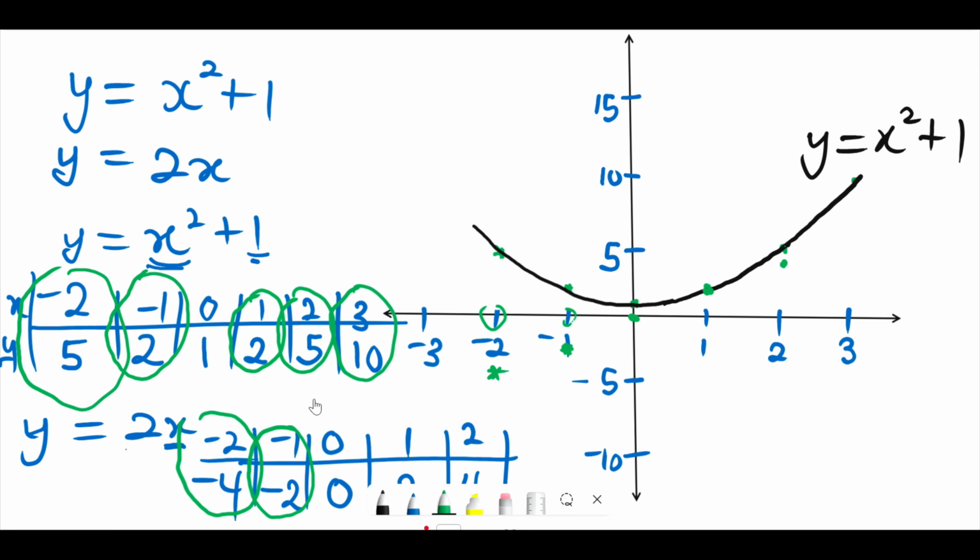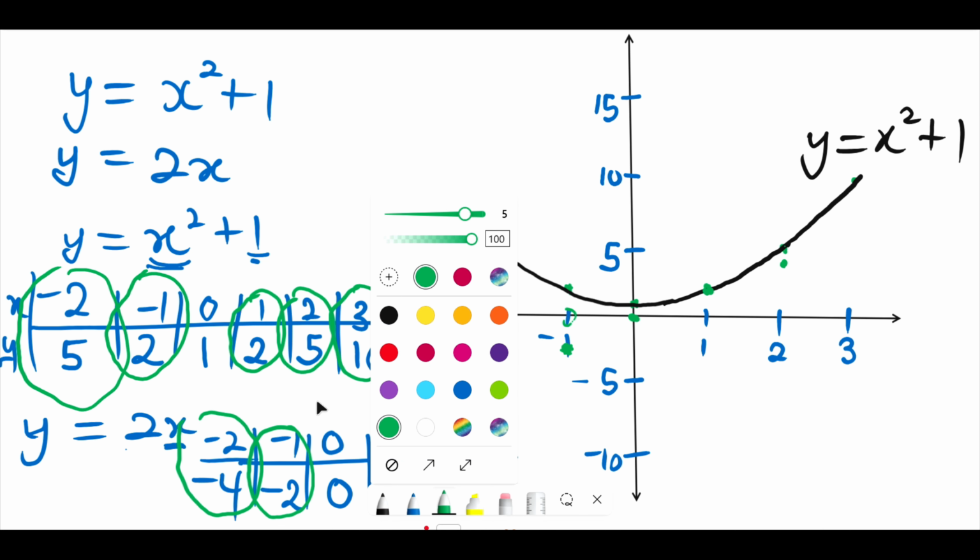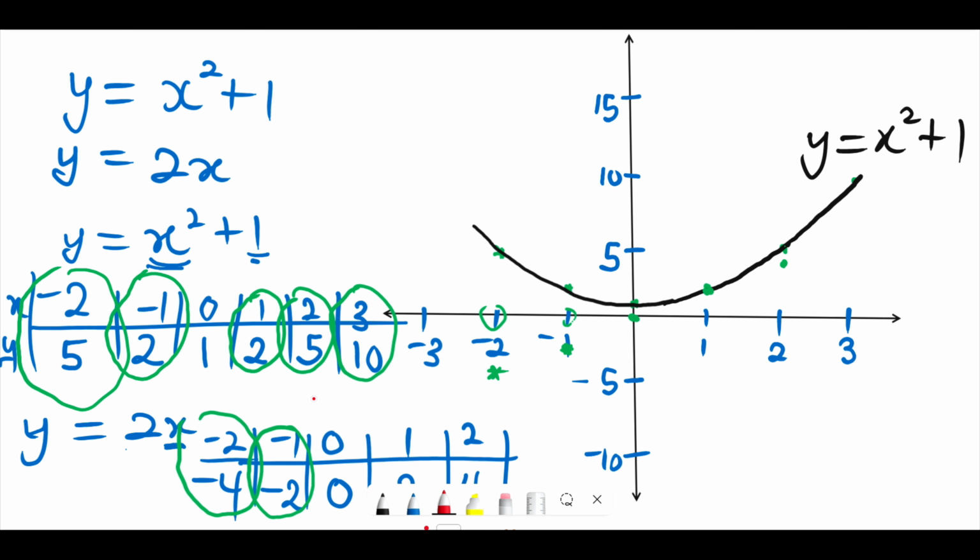Okay, so let us look at that one too as well. So we are going to draw it. Okay, so you can see that the linear function touches the quadratic function at this particular point.